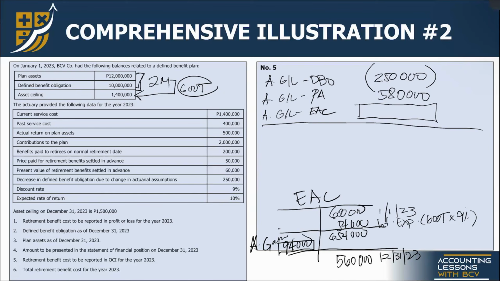Ano mangyayari kapag nasobrahan ka ng paglagay ng tubig? Di ba natatapon? Ganun yung effect of asset ceiling. Natatapon. Para siyang impairment, kumbaga. Yung concept ng effect of asset ceiling, para siyang allowance for impairment. No? So pag tumaas yon, meron kang actuarial loss. Pag bumaba yon, may actuarial gain ka. Okay? So since the result is an actuarial gain, lagay natin, minus yan.